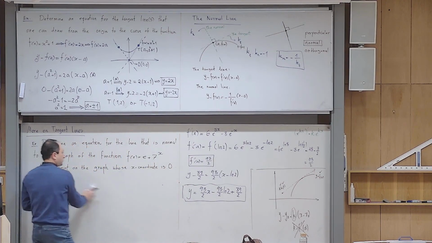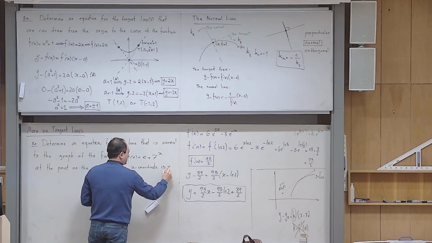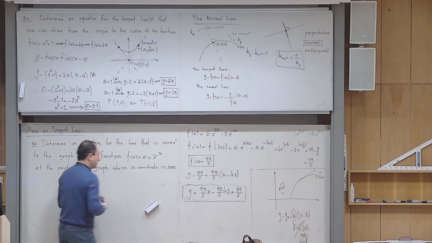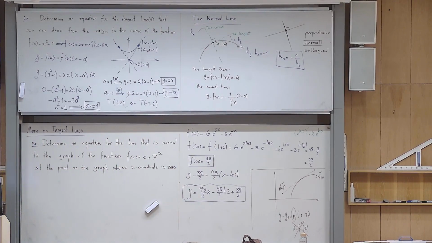In principle, you have to write it in words. So: determine an equation for the line that is normal to the graph of the function f of x equals e plus 7 to the x at the point on the graph whose x coordinate is 0. That's exactly the problem in the book.